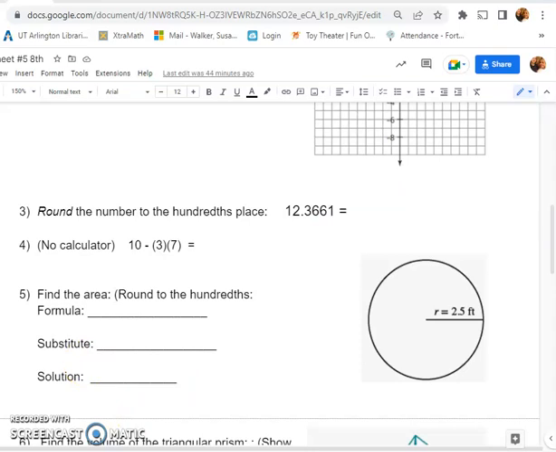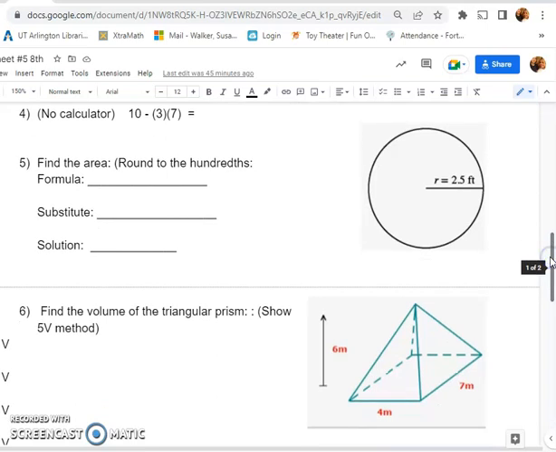So on number 5, I made it easy because I gave you the radius, but I made it hard because it's a decimal, but I'm making it easy because you get to use a calculator. So using the calculator, we want to make sure that we do our formula and substitute, and then right here is where we use the calculator, okay?